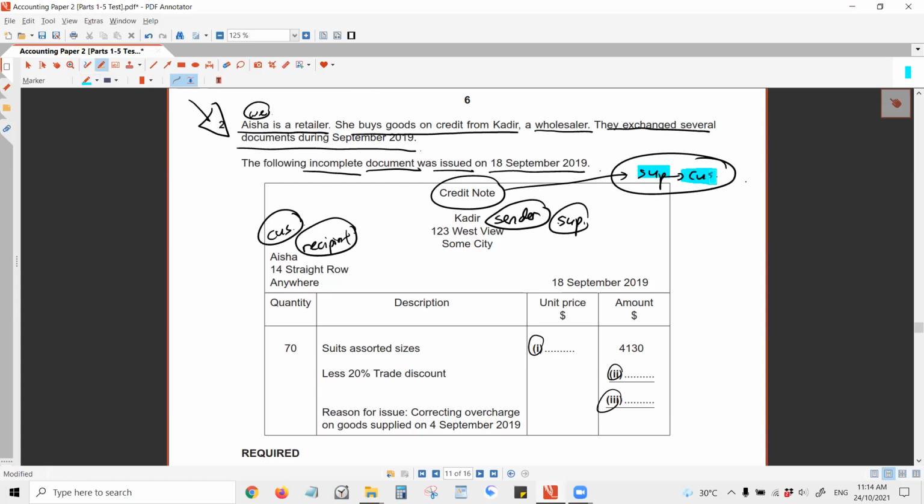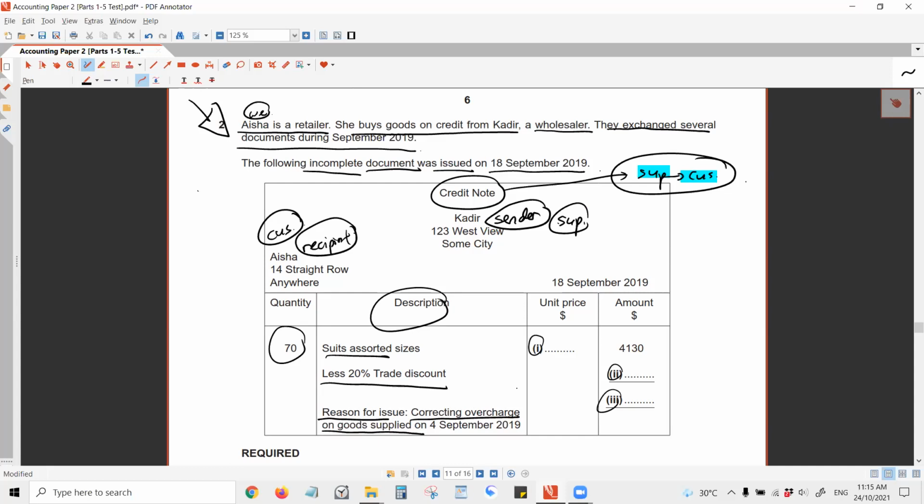Supplier always sends a credit note to the customer, and it's about goods returning. So here you have 70 units, and then the items less 20% trade discount. Reason for issue, correcting overcharge on goods supplied.